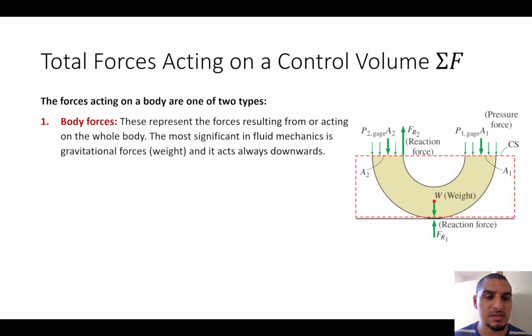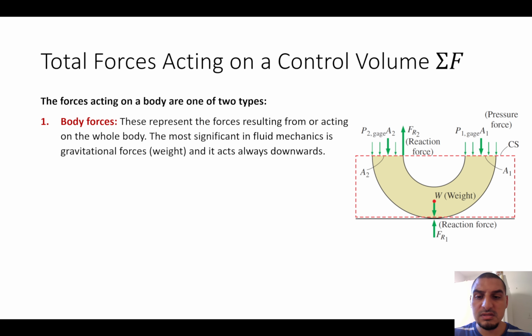Just to be more precise, it's the weight of the control volume, and of course it always acts downwards. There are other types of body forces like magnetic forces, but we don't consider these here. They're not of interest for us. So this is the first type.